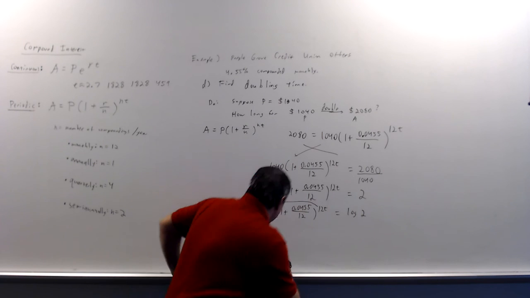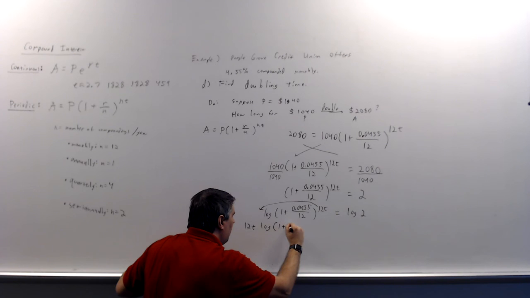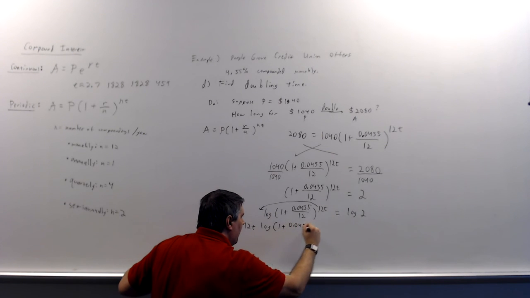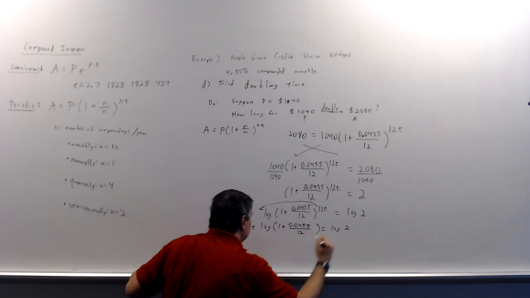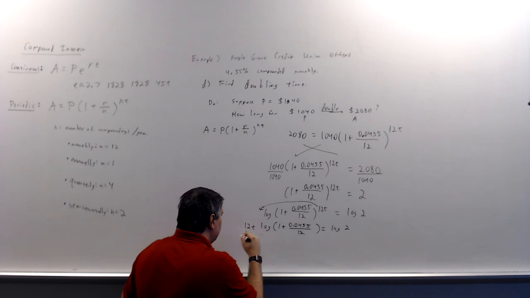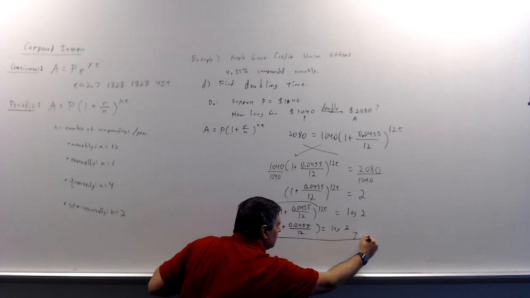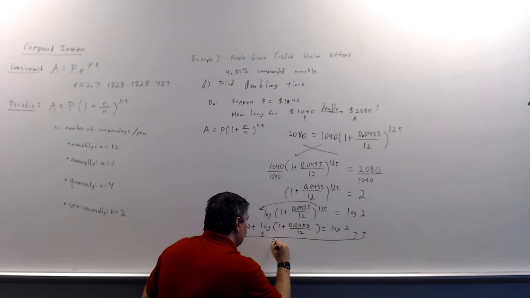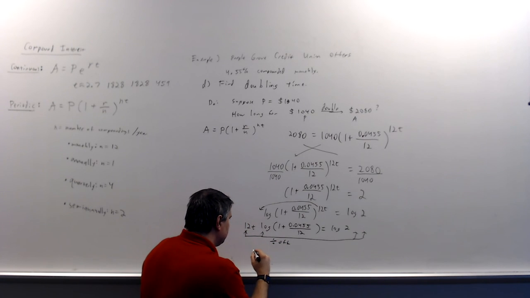So we have 12t log of 1 plus 0.0455 over 12 equals log 2. Okay, and then all I need to do is divide these two things off. Divide off. Okay? Those are meant to be division symbols.